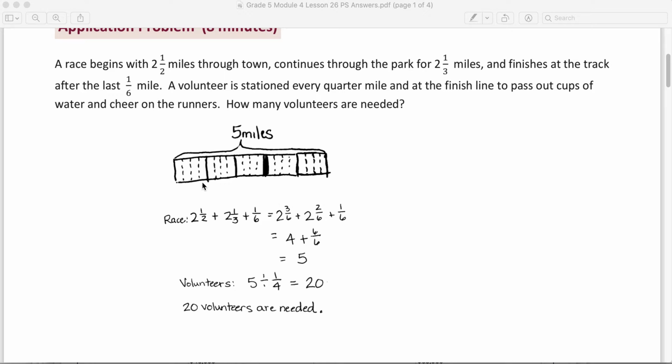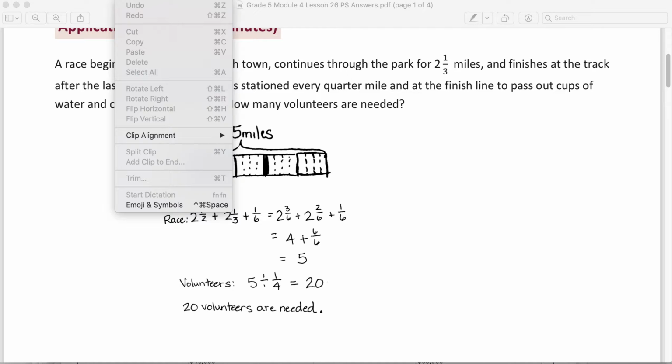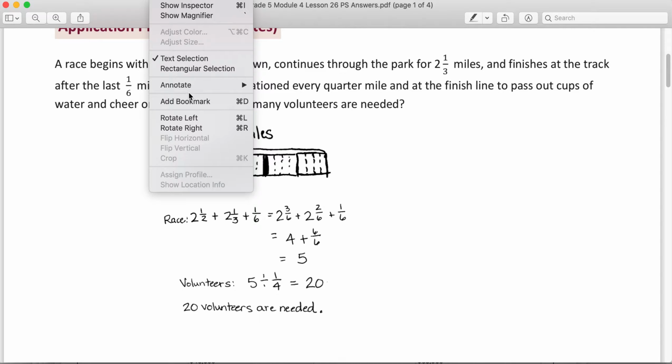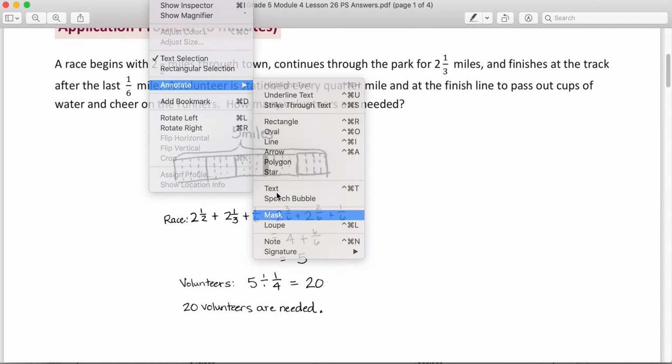And so what they did was take the 5 miles and divide it into quarters. Let me get my tools up here so I can at least show you.